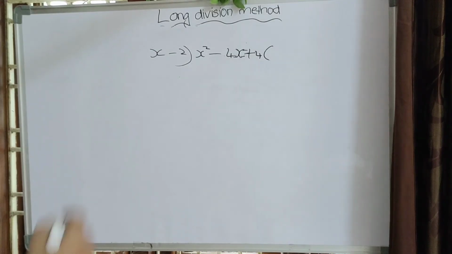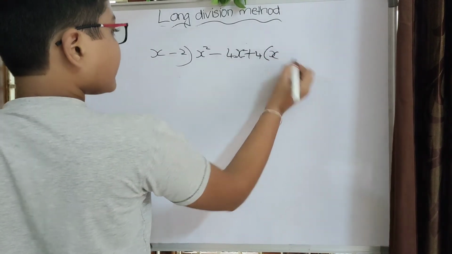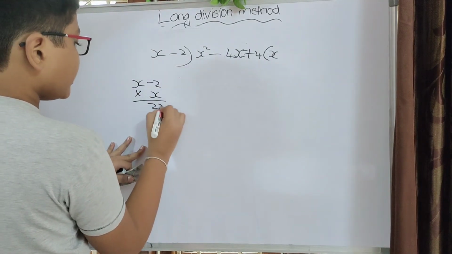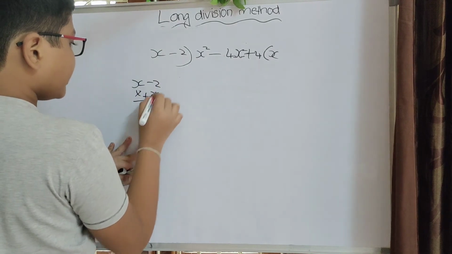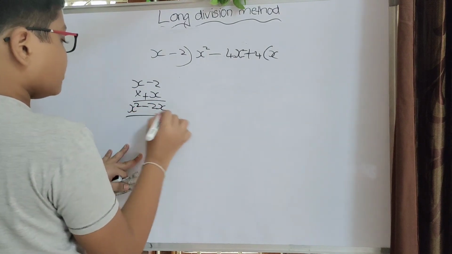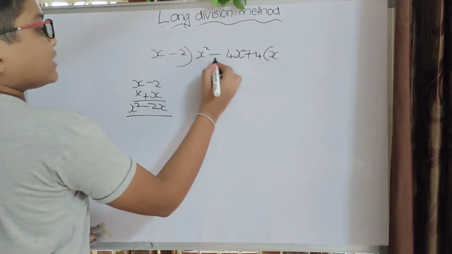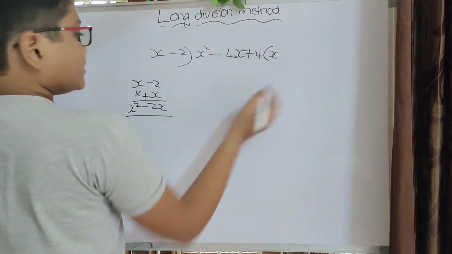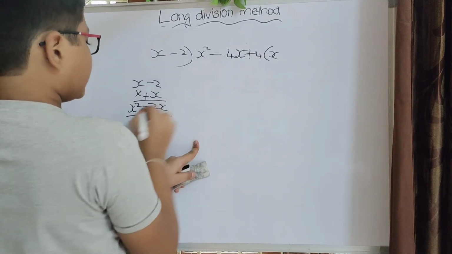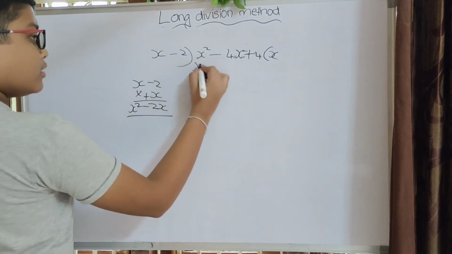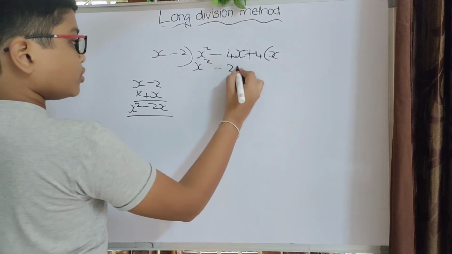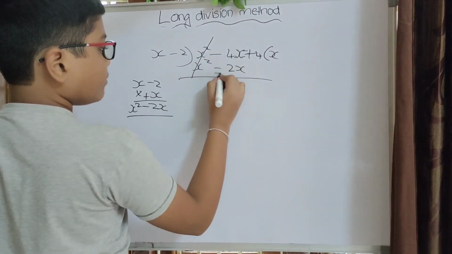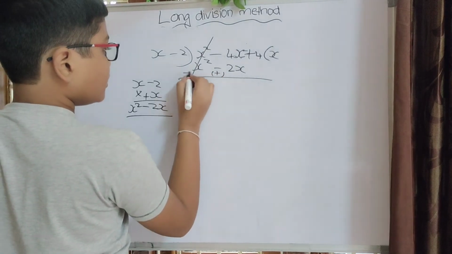In this case, to cancel x square we have to take x again. Now x minus 2 into x: x into x is x square, and minus into plus is minus, so 2x. So the solution we write here is x square minus 2x.